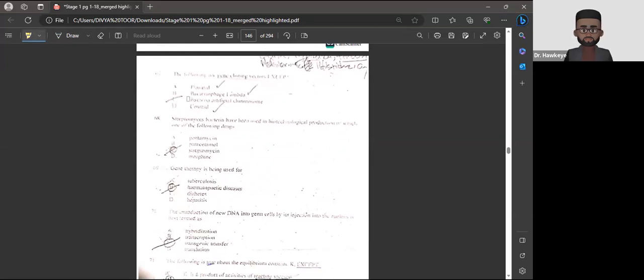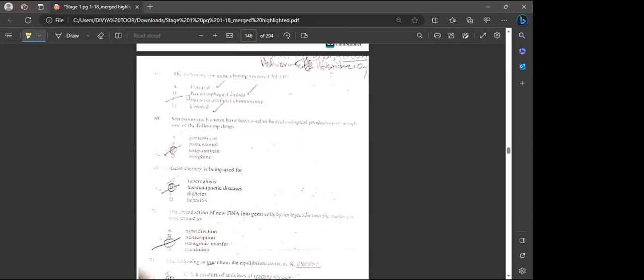Elimination. But what does this do? Artificial chromosome. Bacterial artificial chromosome. What's a cosmid? Wait, let's see. I want to search.